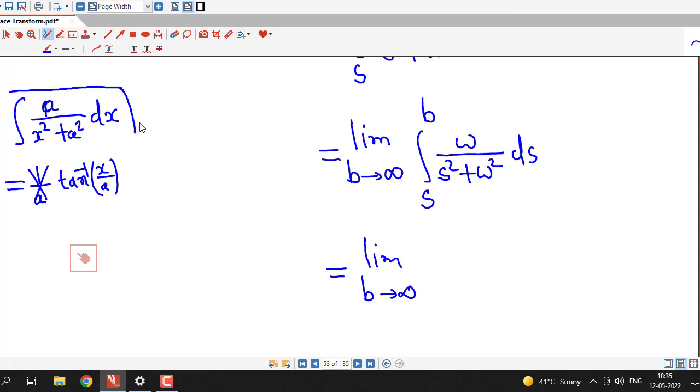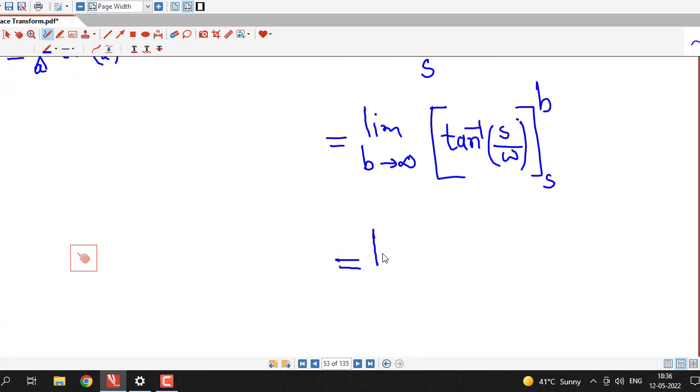So we can compare with this. Instead of x we have variable s, instead of constant a we have constant omega. So the integral of this is tan inverse s divided by omega, and the limits of integration are from s to b.